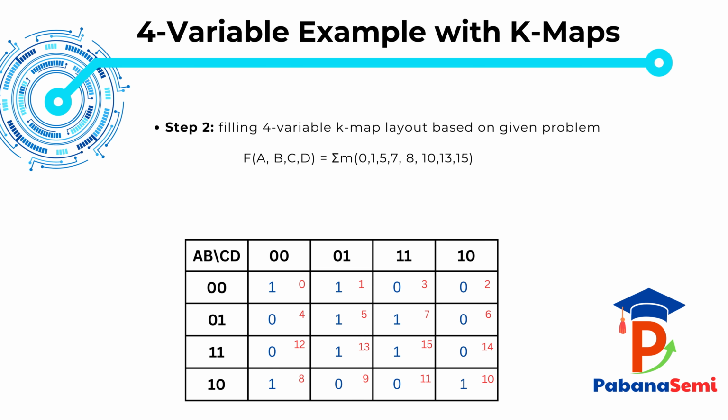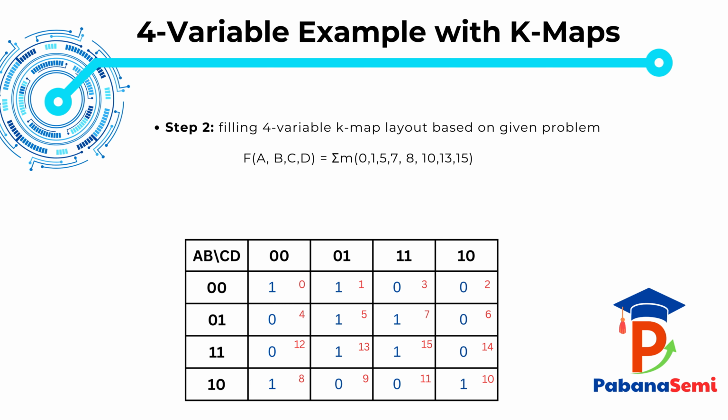Now, let us move to step 2, which is filling the 4-variable Karnaugh map layout based on the given problem. The Boolean function is f(a, b, c, d) equals sigma 0, 1, 5, 7, 8, 13, 15. This tells us exactly which minterms produce an output of 1. Understanding the K-map layout. This is a 4x4 K-map.